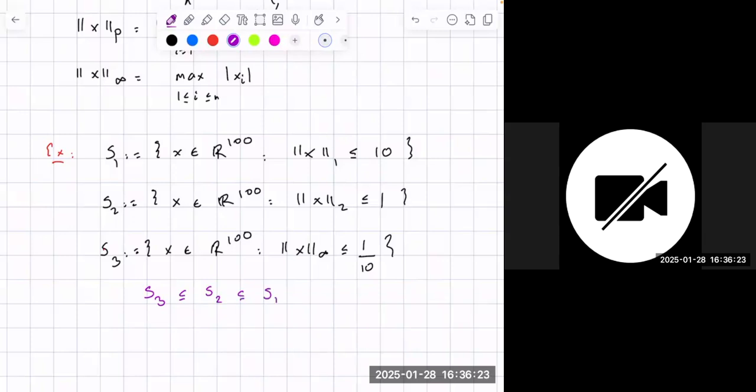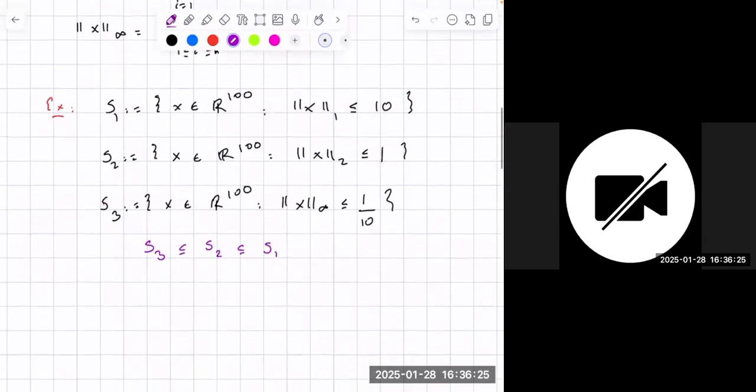So this is our first guess. In 2, you should make it like 1 over 2.